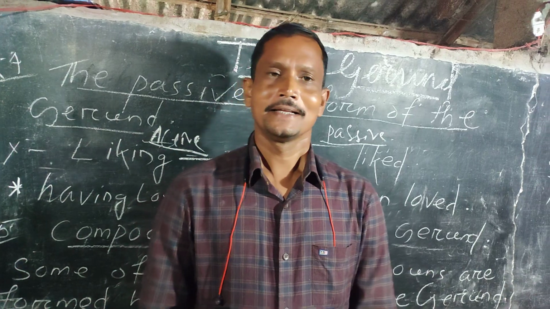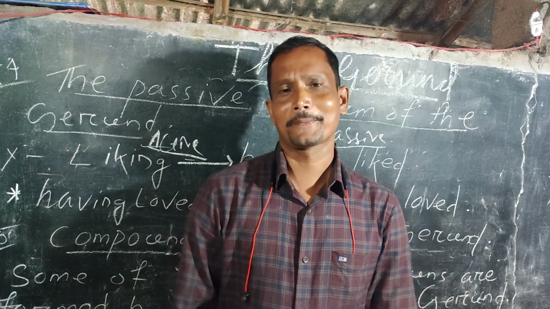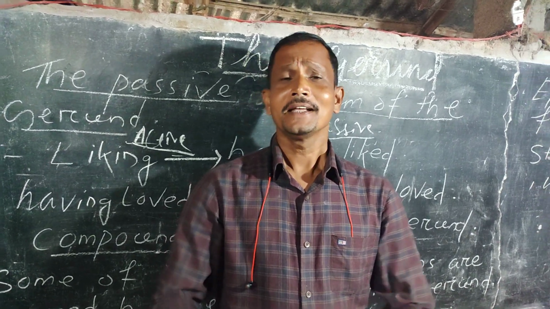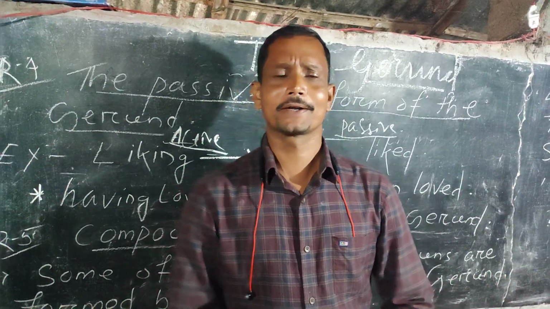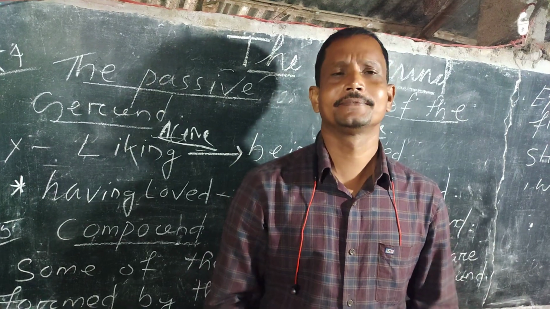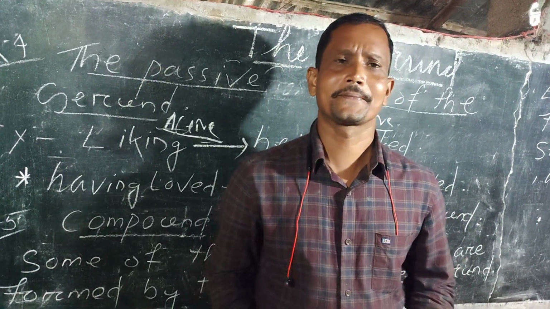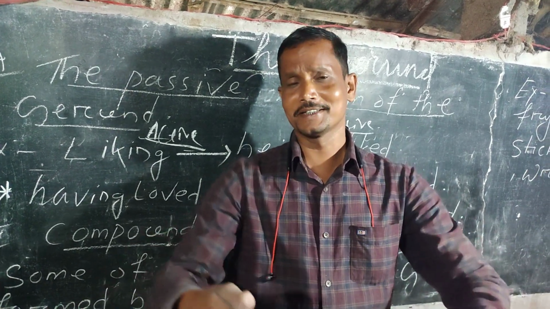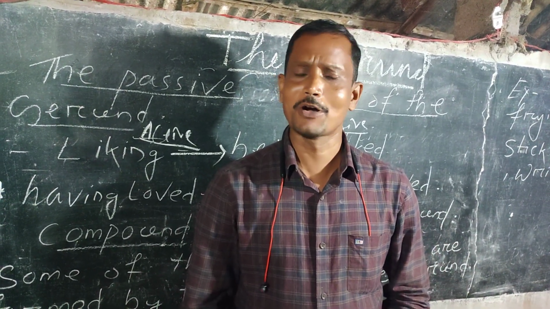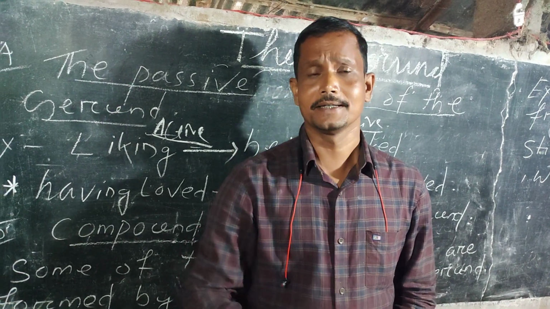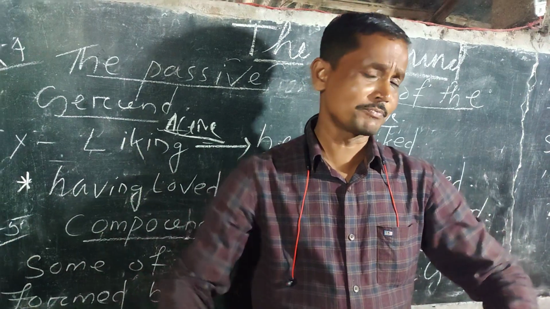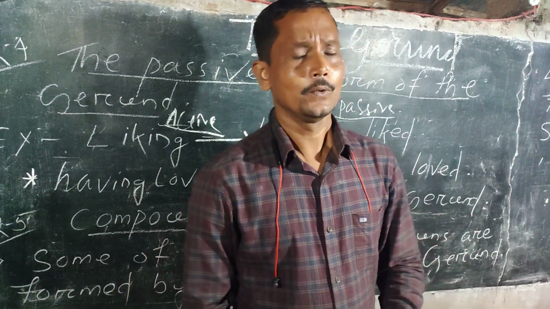That means gerunds are quite helpful for the formation of compound nouns. Just like now you can see, you might have heard walking stick. Walking is the gerund. And stick, mixing with a stick, it has formed a compound noun, and that is walking stick. What is walking stick? A stick that is used for walking is known as walking stick.